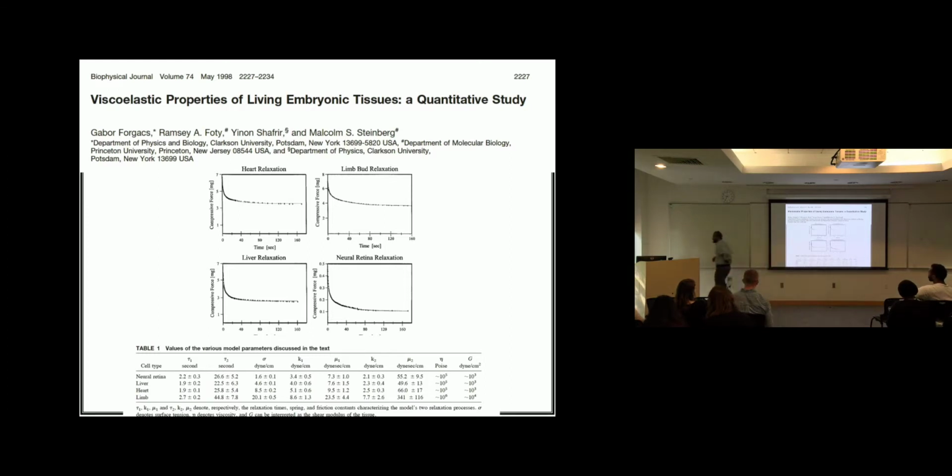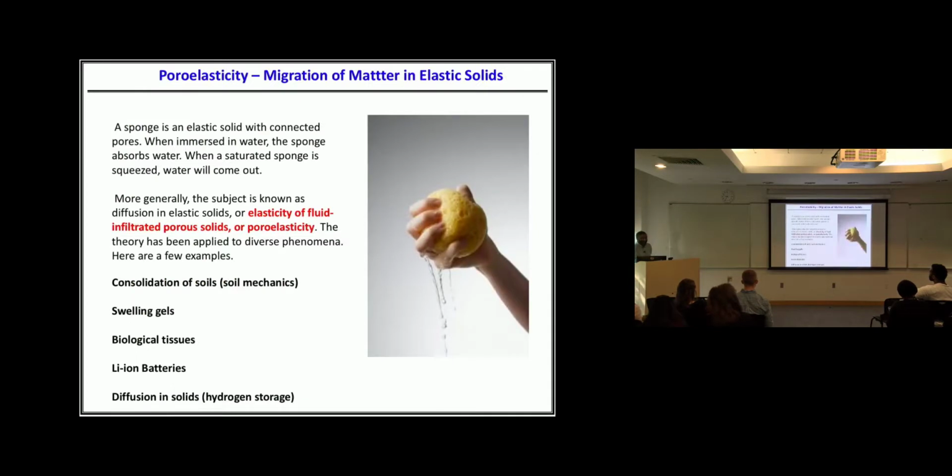So the next concept I want to touch upon is poroelasticity. In the first example, the fiber network, and in the second example, the network with crosslinks, there was no fluid. But any biological material, as I pointed out earlier, has fluid in it.